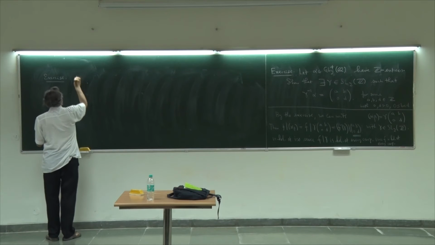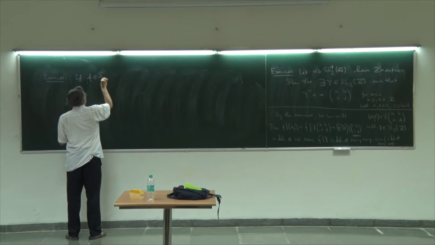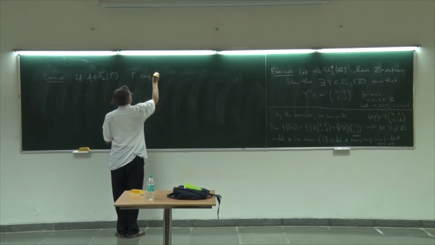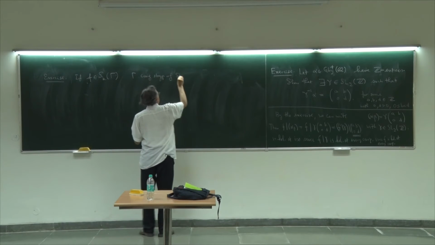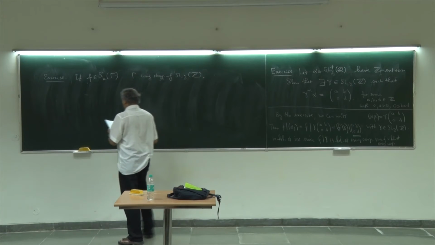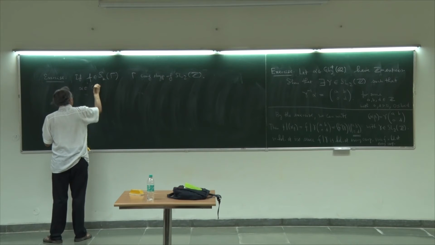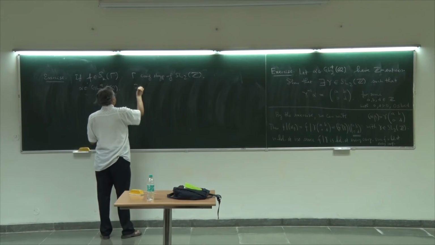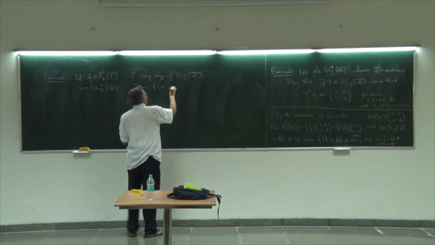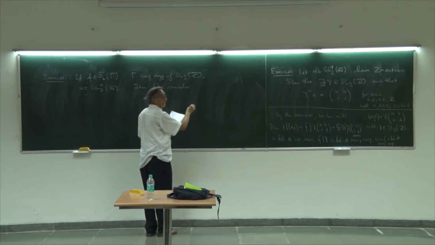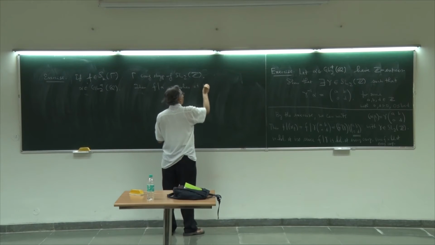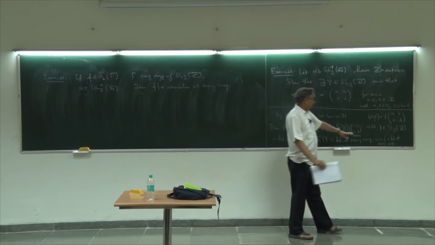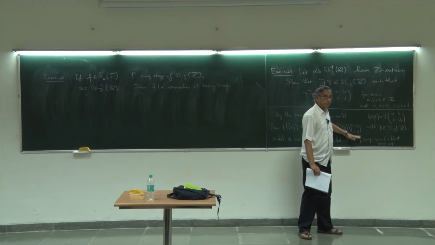If f is actually a cusp form, that is, it vanishes at all the cusps, gamma is a congruence subgroup of SL2Z, and alpha is again in GL2 plus Q, then f slash alpha vanishes also at every cusp. And you should be able to see that by Fourier expansions, because this is again an explicit change of variable.